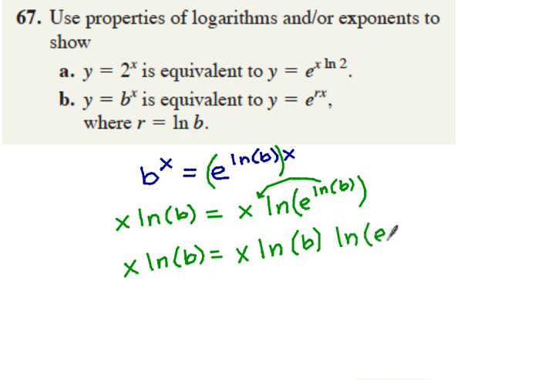What is the natural log of e? 1. What do we get? True statement. Boom. Proved it. Okay? So we're going to take a little bit of that brain power and stretch it just a touch.